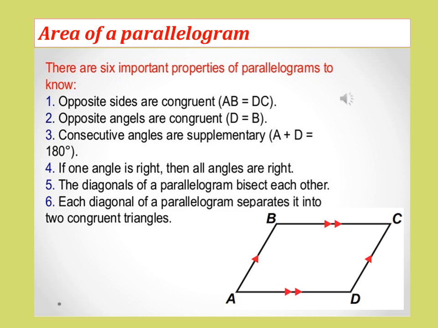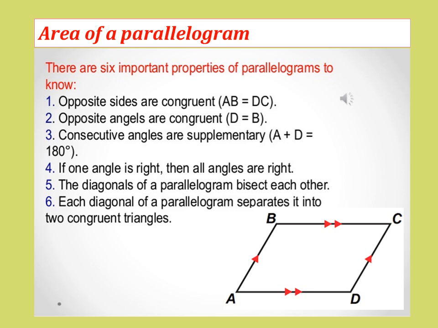Property number 4 is that if one angle is right angled, then all the other angles will be right angled, and that will give you a rectangle. Property number 5, the diagonals of a parallelogram bisect each other. They divide each other into halves. Property number 6, each diagonal of the parallelogram separates it into 2 congruent triangles.